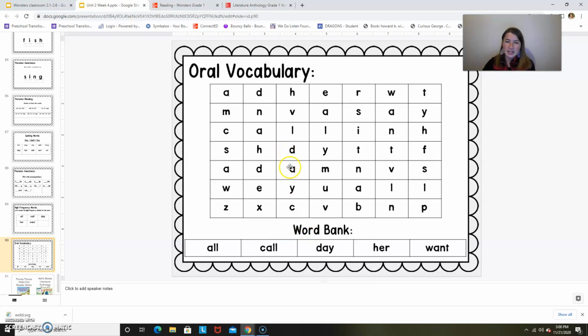I found it. D-A-Y. See if you can find her. Oh, right there at the tip top. H-E-R, her. Want. Oh, I found it.